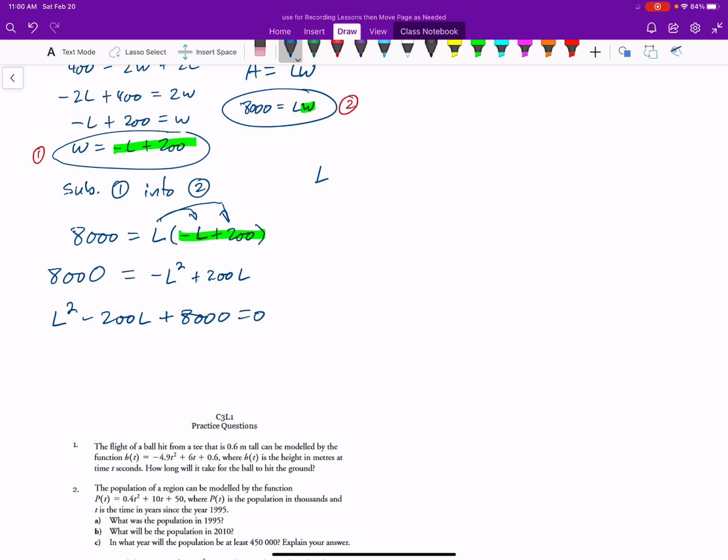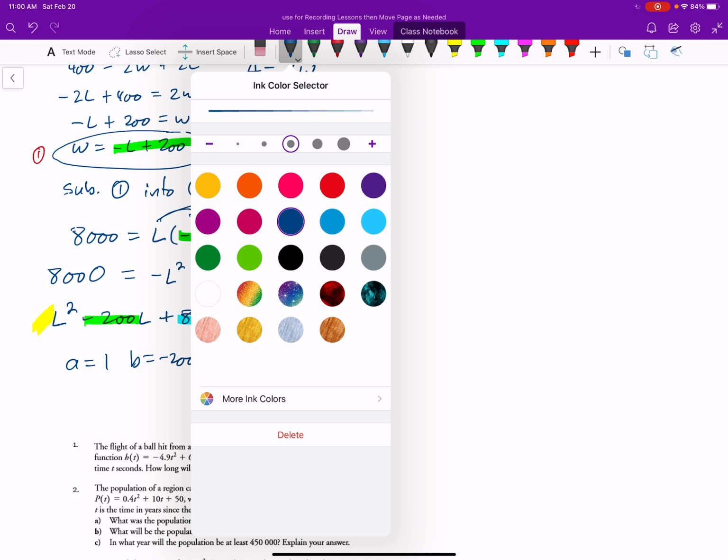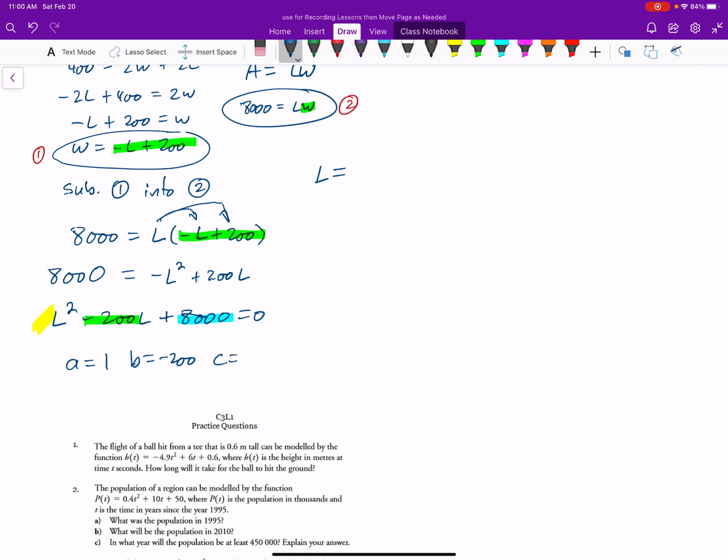So in this case, it's L that I'm solving for. So L is going to equal, and I got A is 1, right? The coefficient of the squared term. B is negative 200. And C is 8,000.